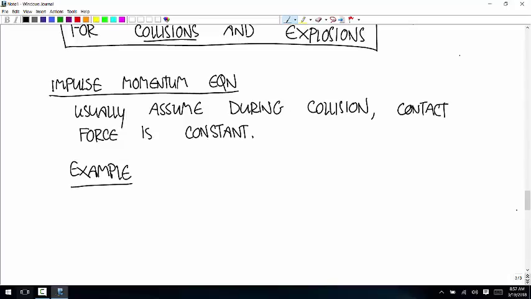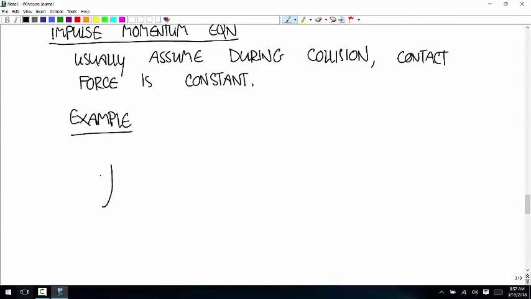So here's a bat. You can tell it's moving fast because it's bending. That's a trick I learned from Dr. Seuss. Okay, and this ball's coming in with a speed of 40 meters per second at an angle of 5 degrees with the horizontal.